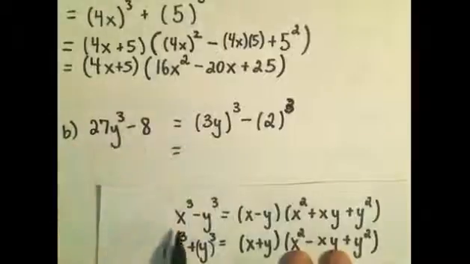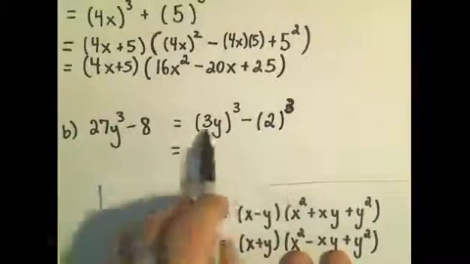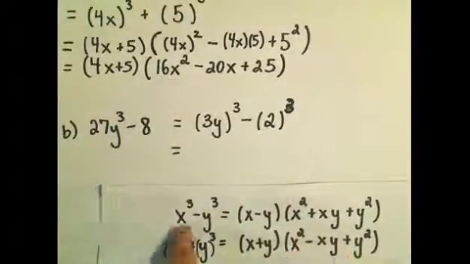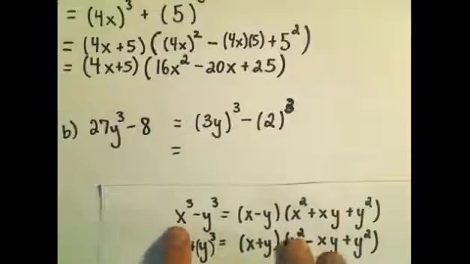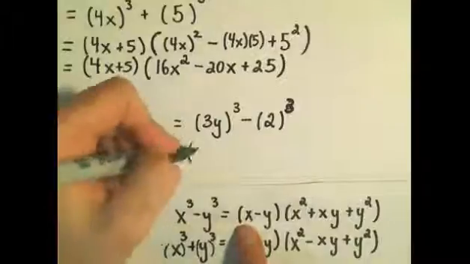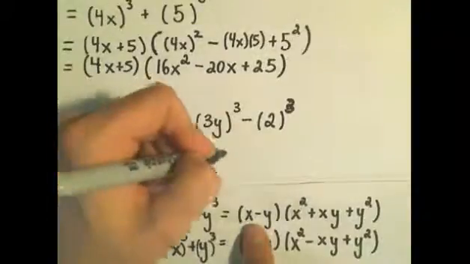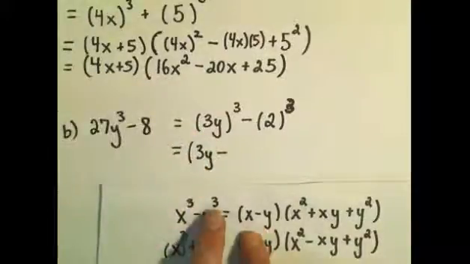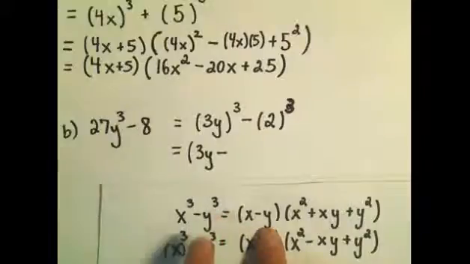Don't get confused by the x and the y here and the fact that we have y's and numbers. We're using this formula, and it says if you have something cubed minus something cubed, whatever was being cubed, so kind of whatever's downstairs, write that first. So we'll get a 3y. Then it says write a minus sign, and whatever was also being cubed, just stick that next to it.